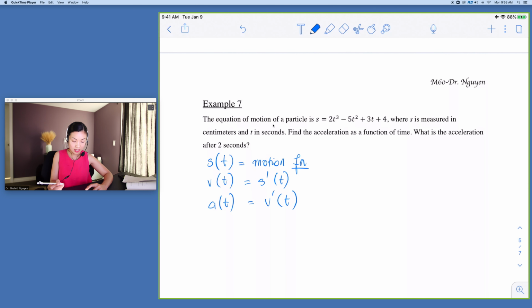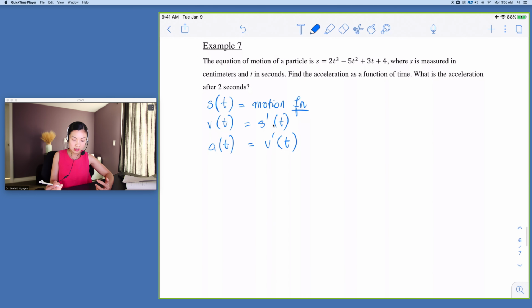Okay, so keep that in mind. Now, let's find the velocity first. So velocity, which is s prime, which is 3 times 2, so 6t squared minus 10t plus 3. So that's going to be the velocity.